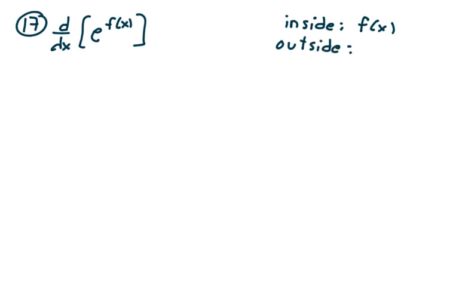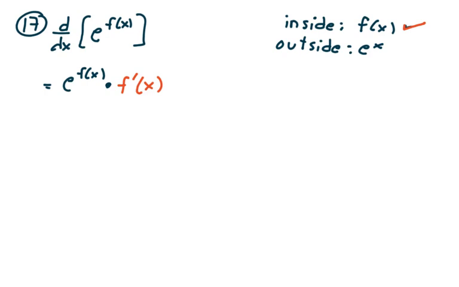The outside function is e to the x. So we're going to take the derivative of the outside. We're going to evaluate it at the inside, okay? And we're going to take that answer and multiply by the derivative of that inside function. The derivative of the inside function just happens to be f prime of x.